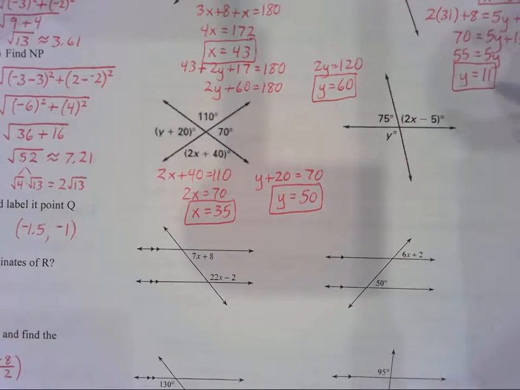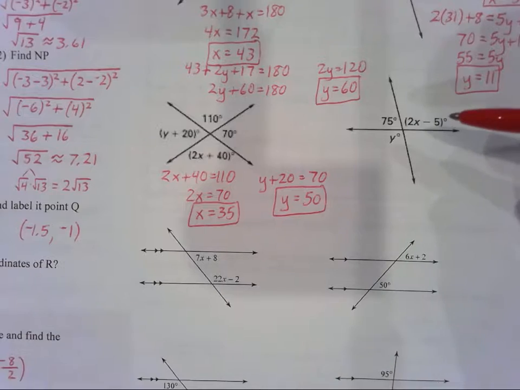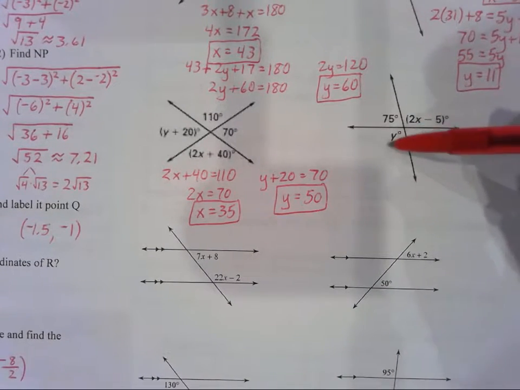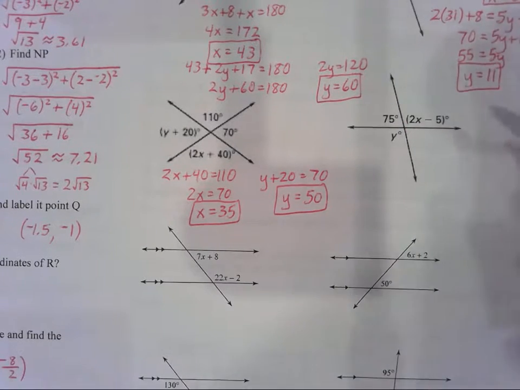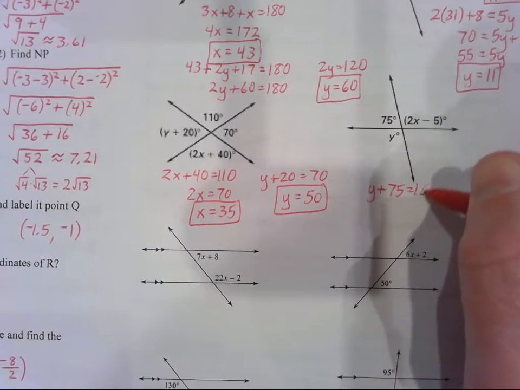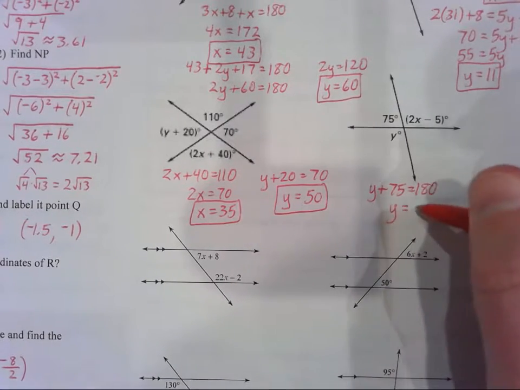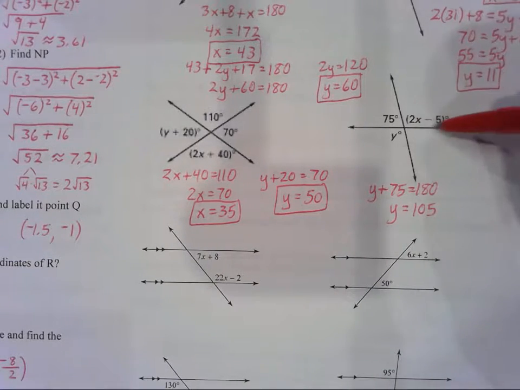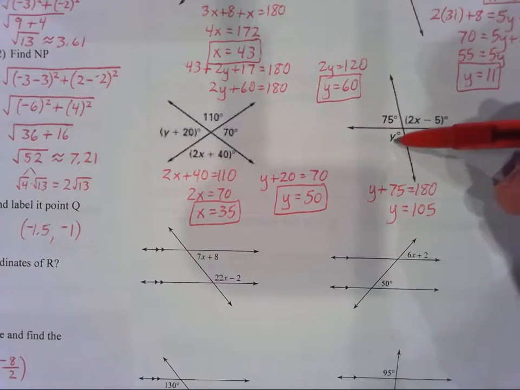Next one over. Again, there's only one x and one y. In this case, since y is by itself, not part of an expression, I'm going to use the linear pair, y with 75, and I know that y plus 75 needs to equal 180. If I subtract 75 from 180, y equals 105. 2x minus 5 makes a linear pair with 75, or it's a vertical angle with y, which we now know is 105.